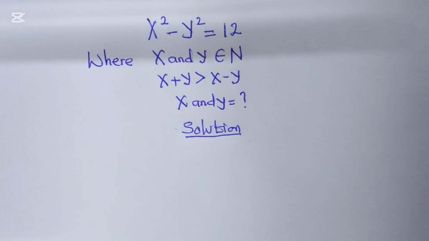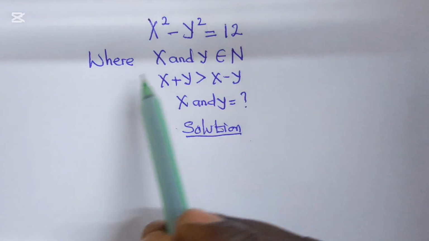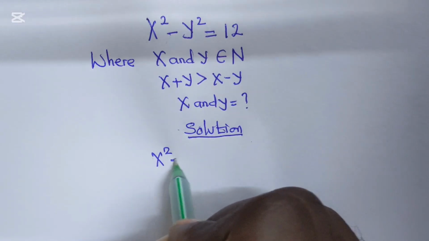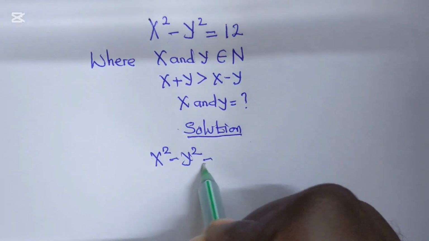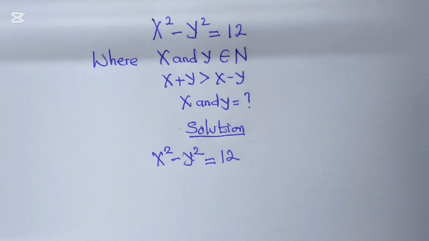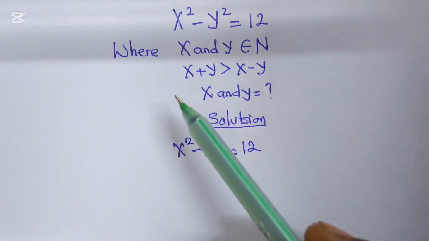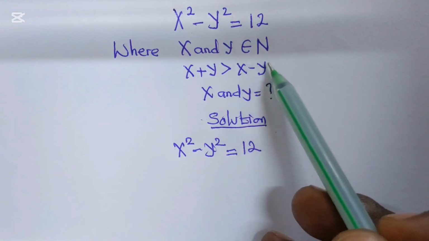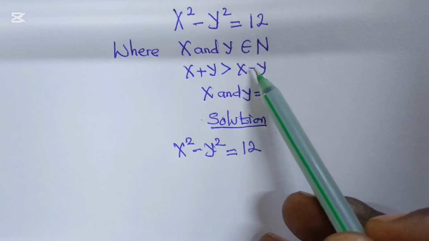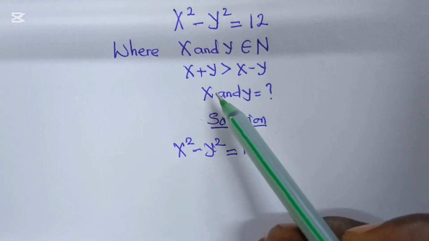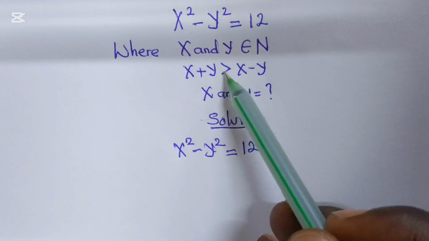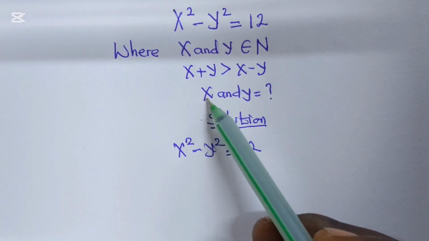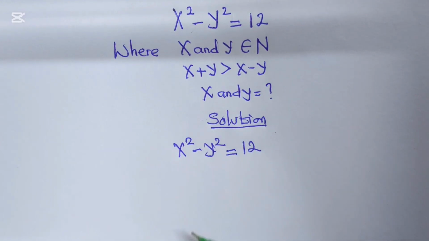We have been given x squared minus y squared equals 12, with the conditions that x and y are elements of the natural numbers, meaning 0 and fractions are not included, and x plus y is greater than x minus y. We are supposed to find the values of x and y.